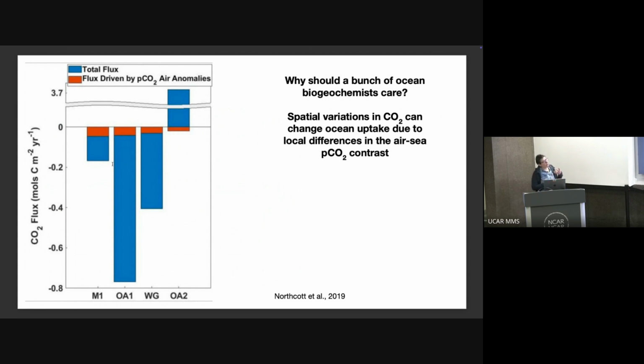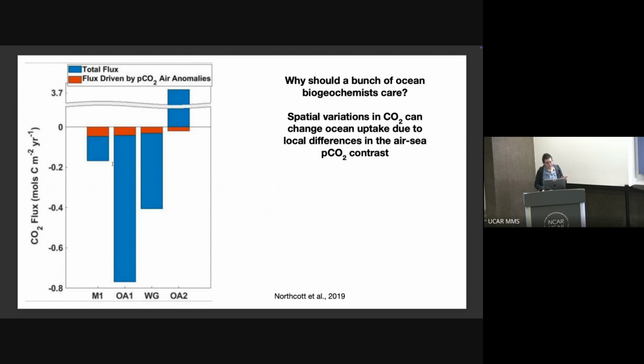They show that if you account for locally high pCO2 due to anthropogenic activity in California, you can increase coastal uptake of CO2 by anywhere between 25% and a negligible amount. So there are these spatial feedbacks that can also result in ocean uptake.